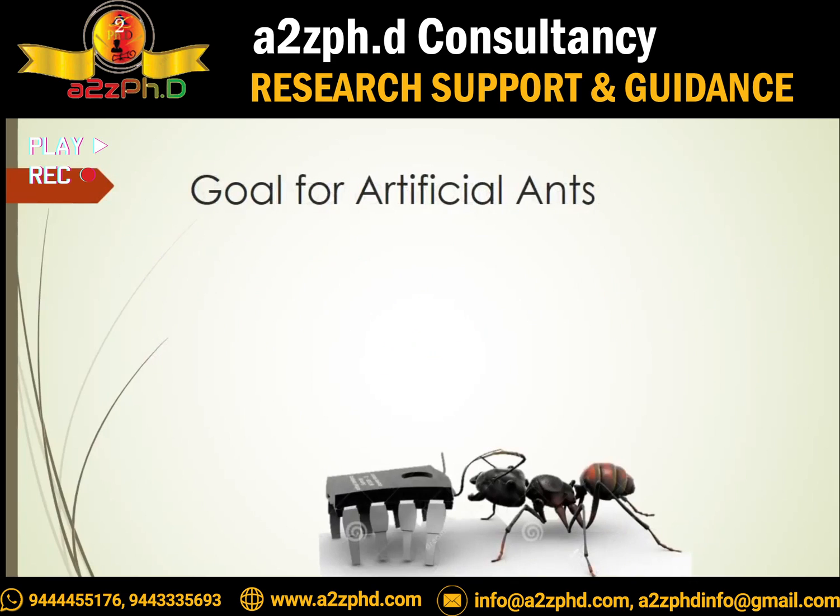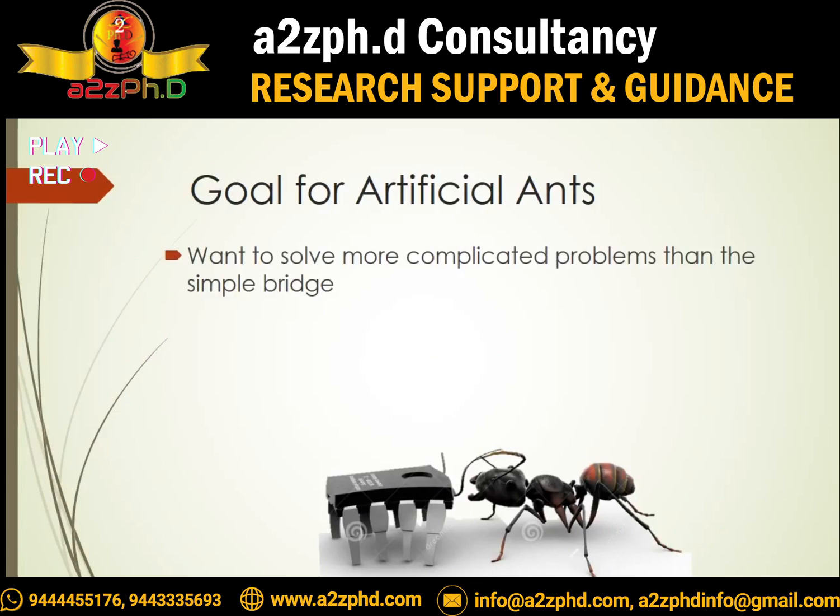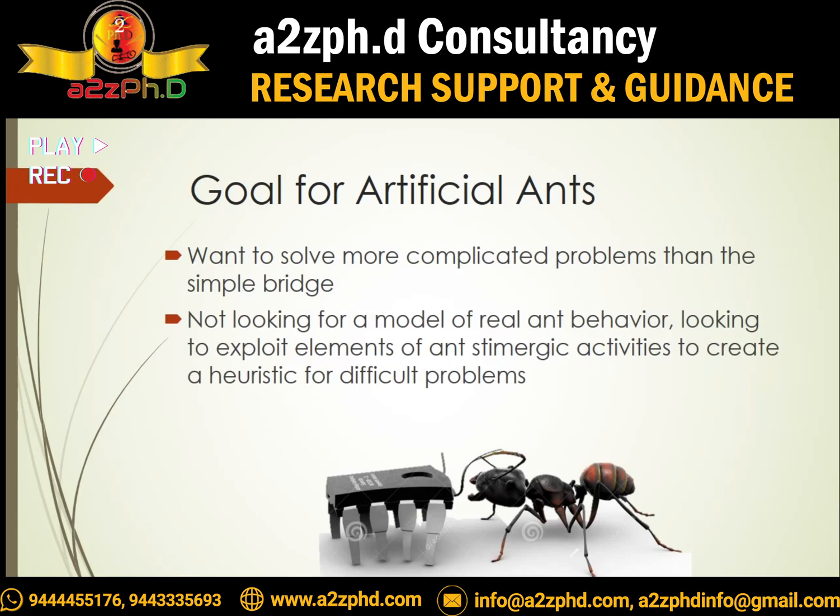So what are our goals for artificial ants? Well, we want to solve more complicated problems than a simple bridge. And ultimately, we're not looking to do what was just done in that previous stochastic model, which was creating a model for real ant behavior, and that's not the goal here.